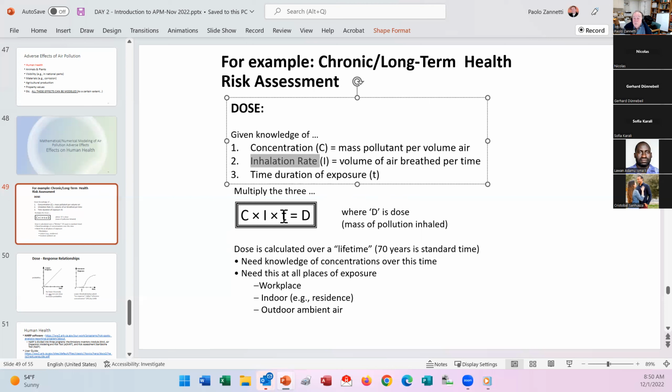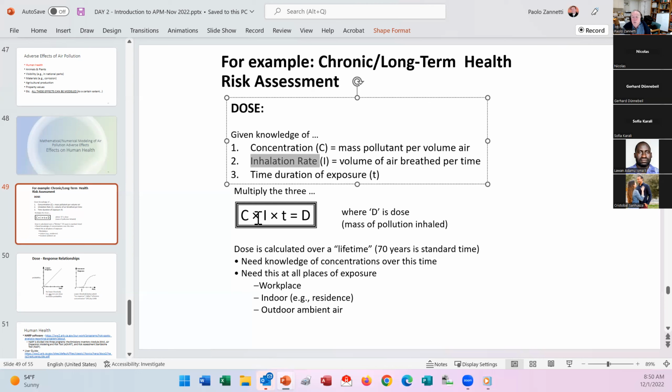Multiply by time, the different times, 1 hour here, 1 hour there, 8 hours sleeping, 2 hours exercising. You combine this with their lifestyle at the workplace, indoor, outdoor, and you have the final dose. Dose is mass per time. And this is the mass of pollution inhaled. So once you have this magic number, you can compare it with levels of concern.